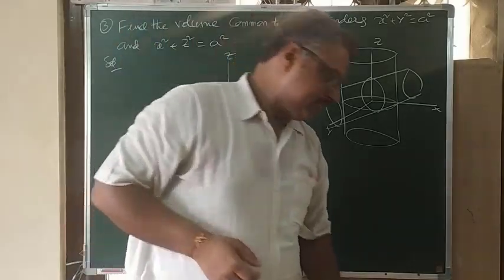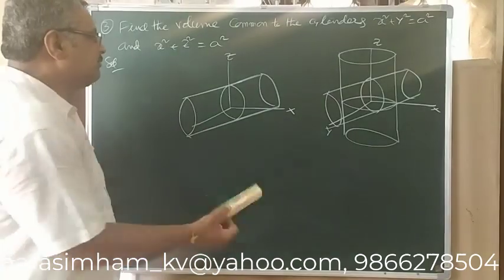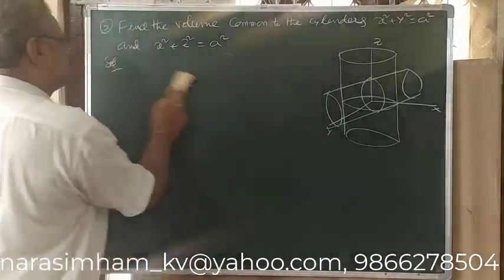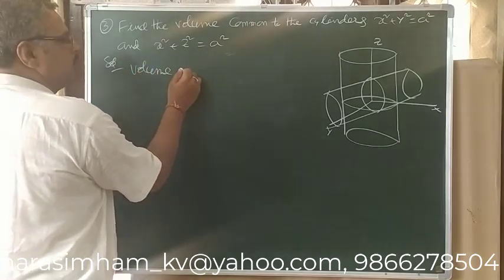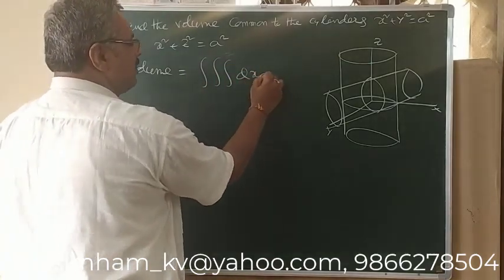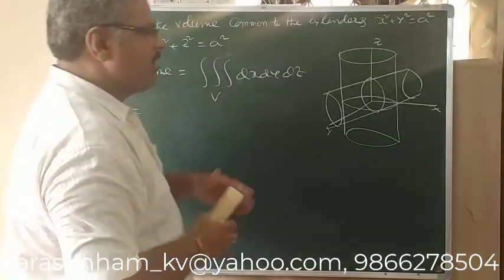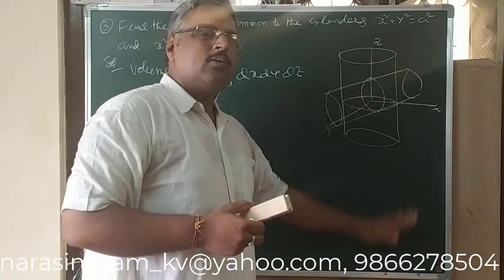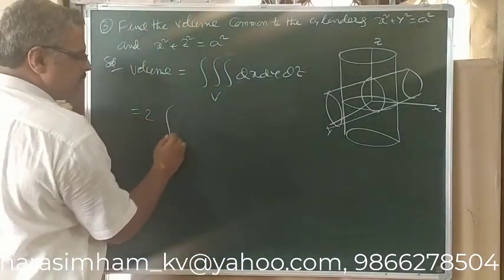So very simple, same procedure. Volume equals the triple integral of dx dy dz. If you observe, the volume above the xy plane is the same as below the xy plane, so I will take 2 times.